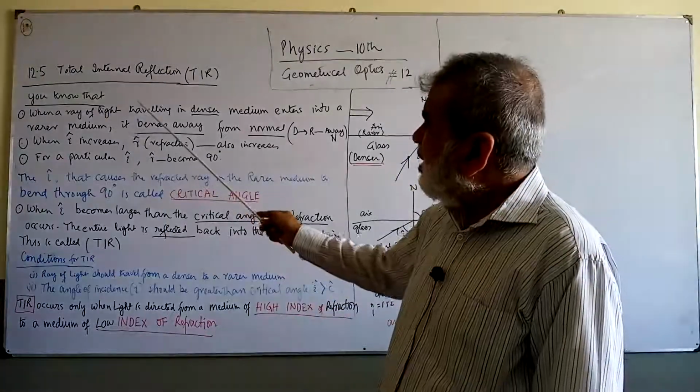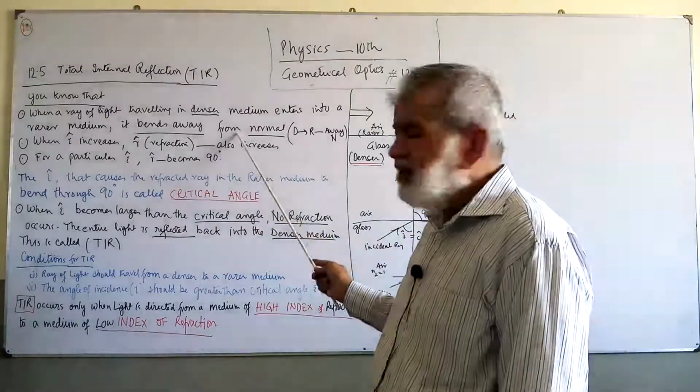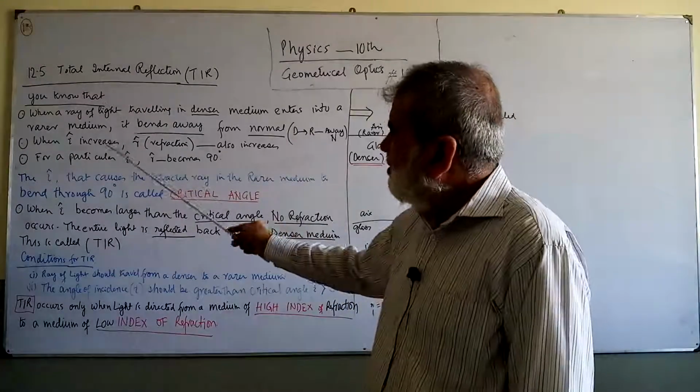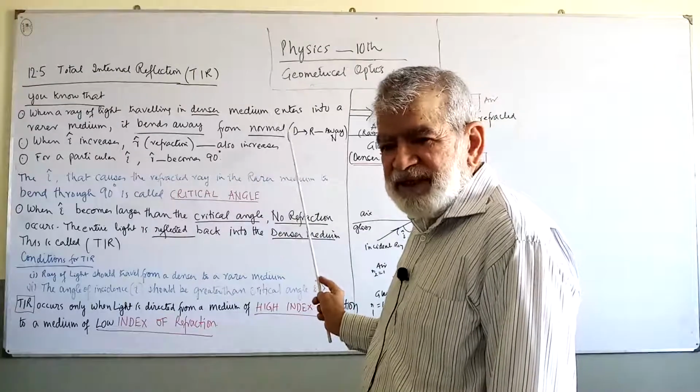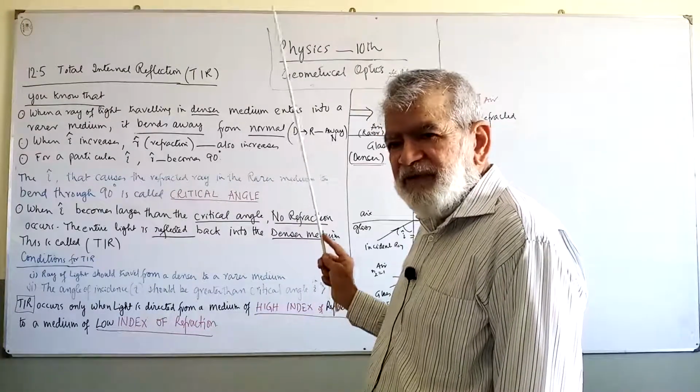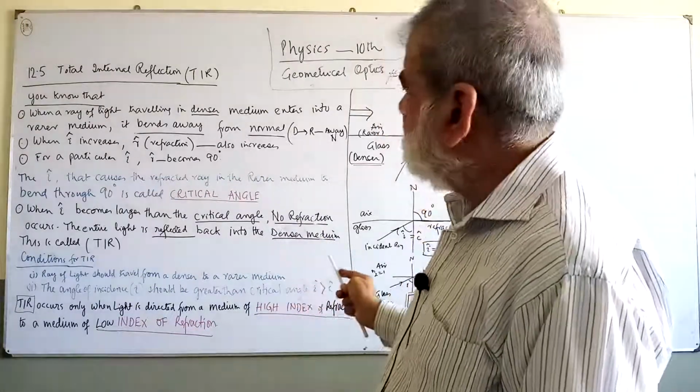So when a ray of light traveling in a denser medium enters into a rarer medium, it bends away from the normal. Please note it very thoroughly into your minds.